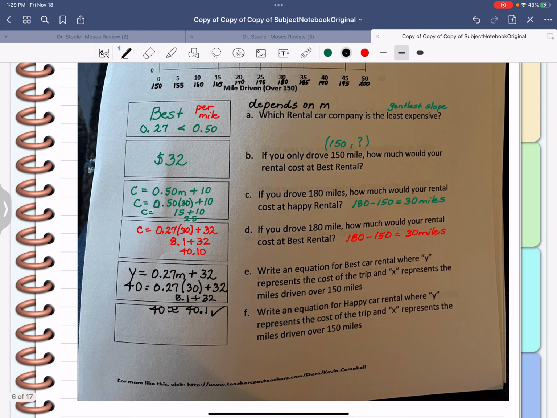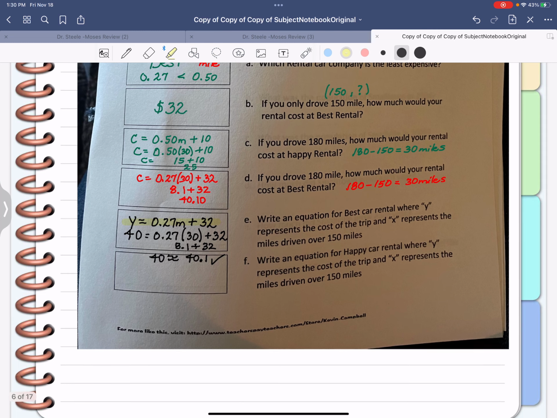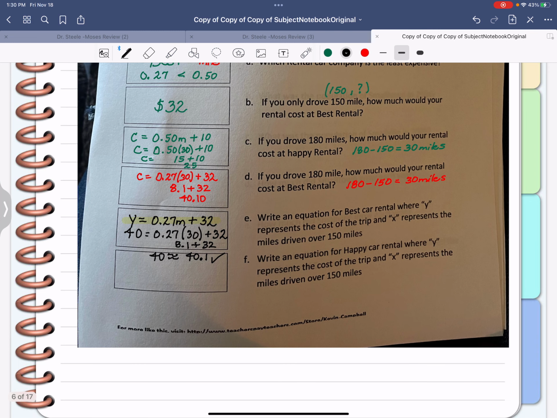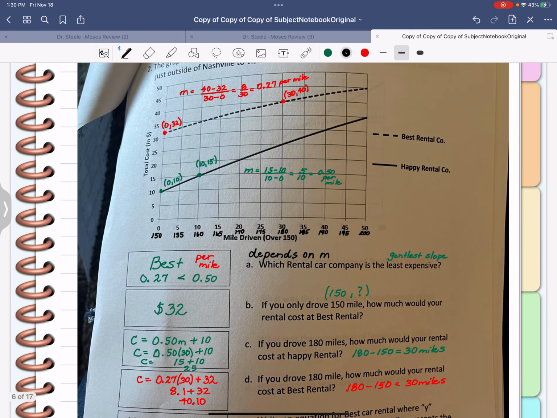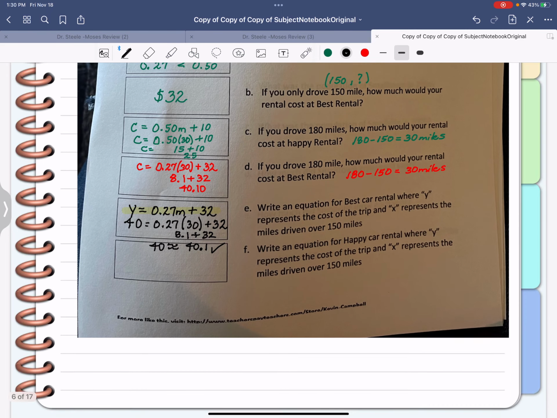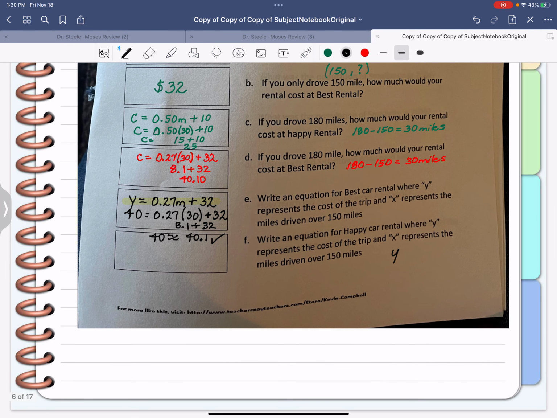But the actual answer that they want there is just the equation. They don't want you to go in and do all that other stuff. I just want you to see that it works. Okay, we're supposed to do the same thing for happy car rental where Y is cost and X is miles over 150. So we know the slope on that one is 50 cents per mile.